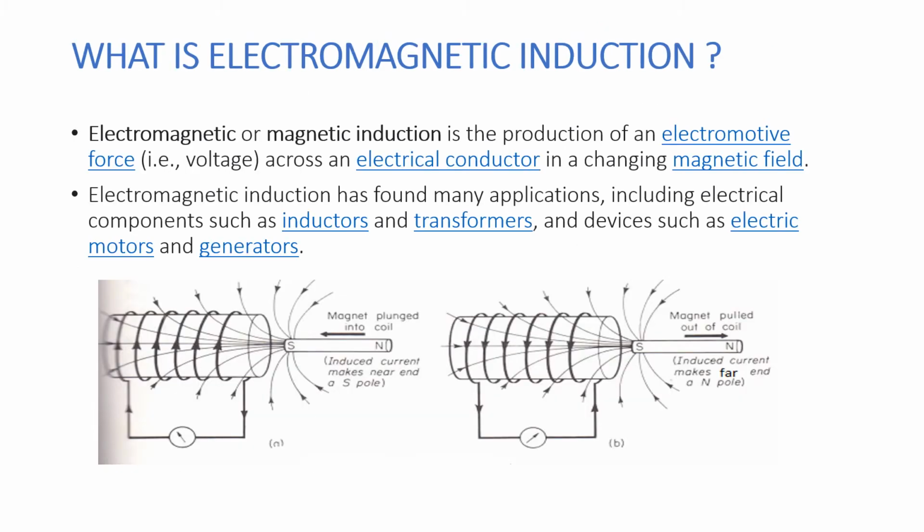What is electromagnetic induction? Electromagnetic or magnetic induction is the production of electromotive force, that is voltage, across an electrical conductor in a changing magnetic field. From the figure we can see that a hollow core is wound with a number of turns of wire which is connected to an electric supply.